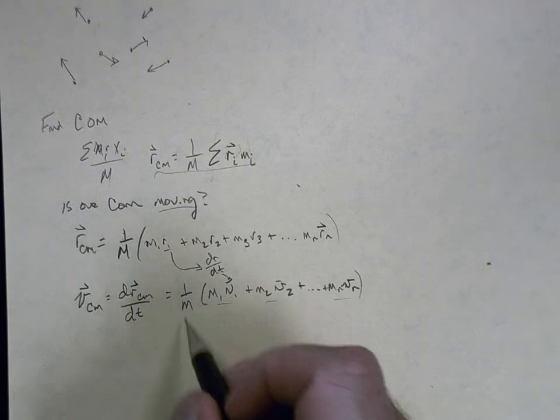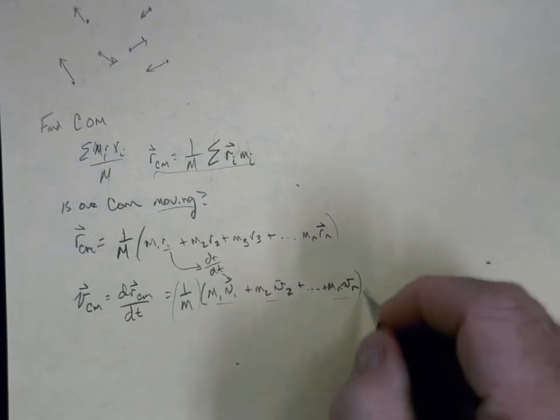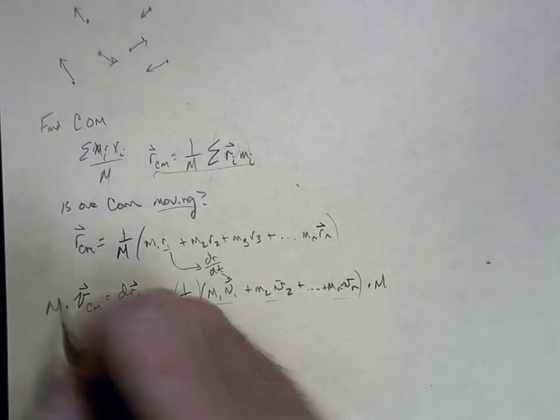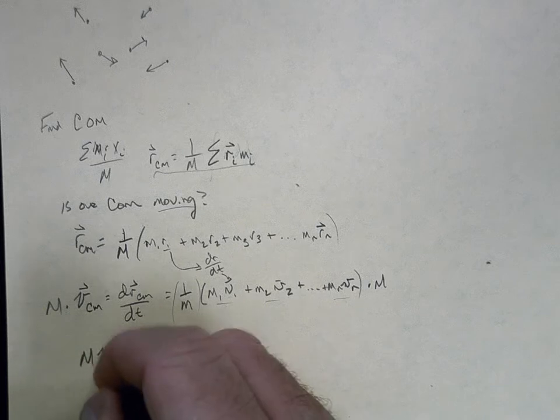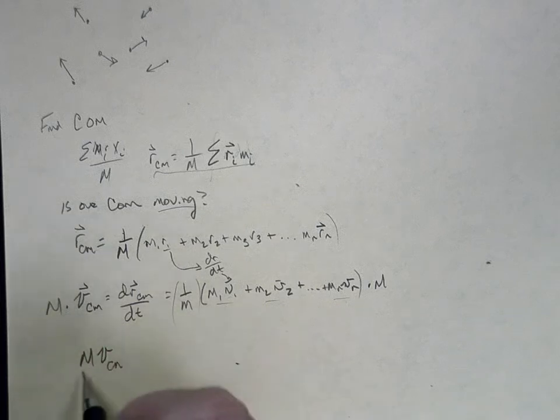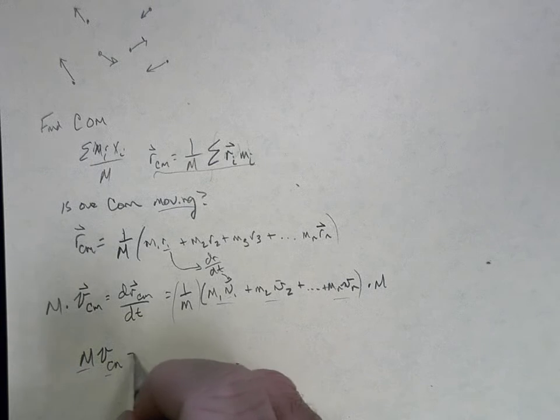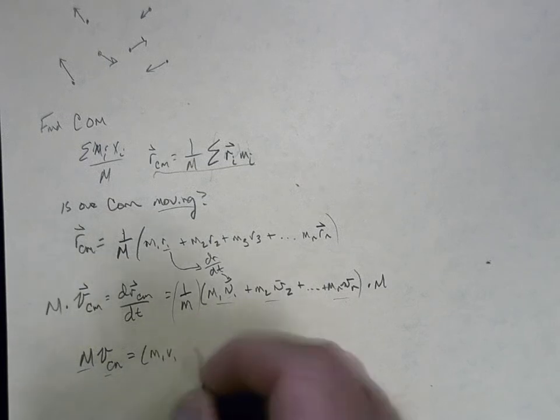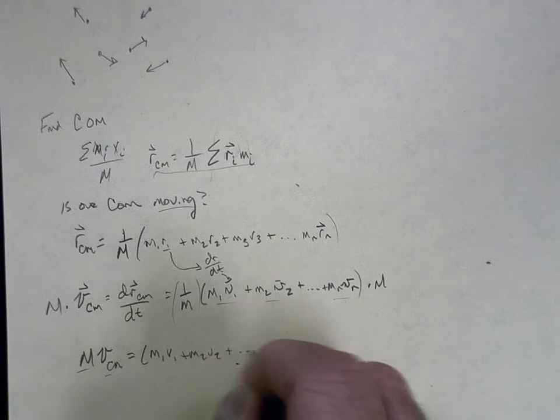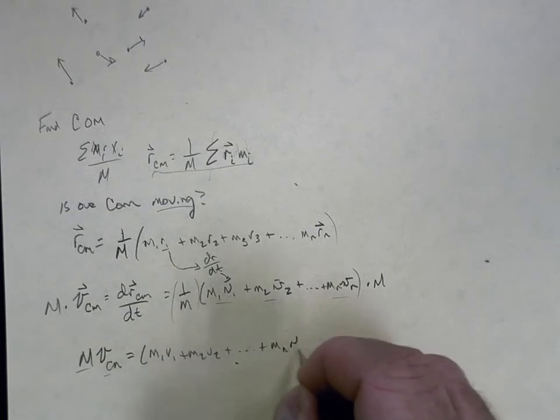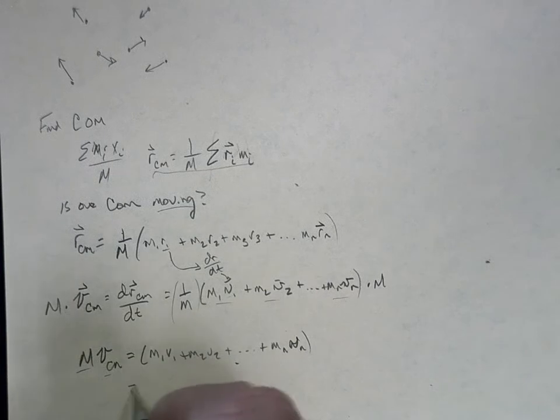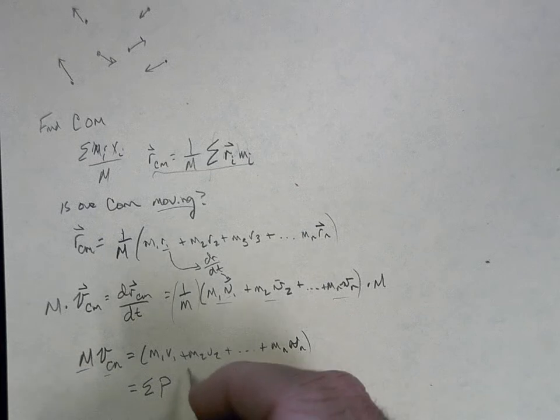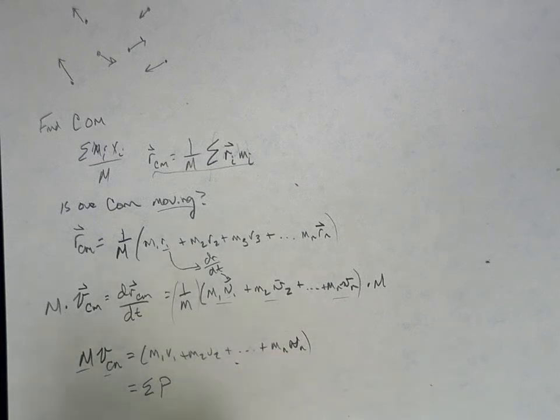And if we multiply both sides by our mass M, the total mass times the velocity of the center of mass, which would be the general momentum of the entire system, is really going to equal m1v1 plus m2v2 plus and so on to mNvN, which is really just the sum of the momenta of each particle.